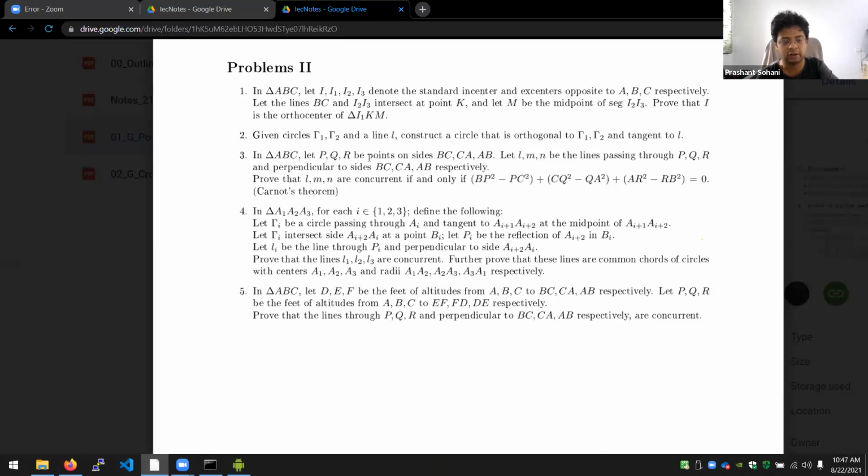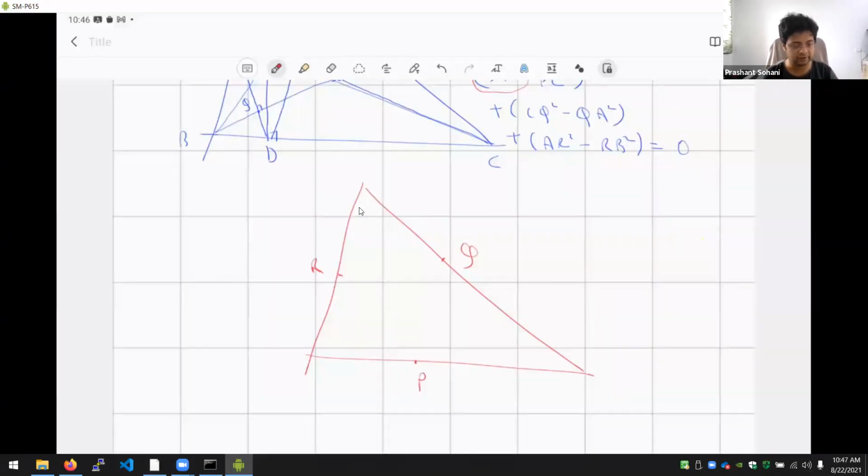It's not really Carnot, it's a special case of Carnot's theorem. Carnot's theorem is a little bit more general, but anyway, I'll just illustrate what is happening here. So suppose let's take the special case: PQR lie on the three sides, and I am talking about these three perpendiculars. So what Carnot's theorem says is that these three perpendicular lines are concurrent.